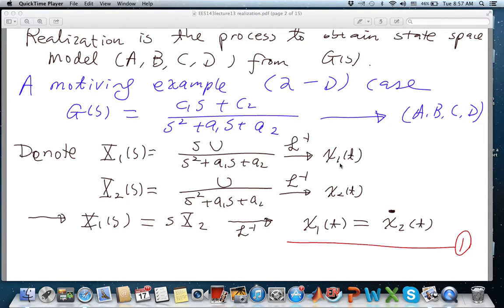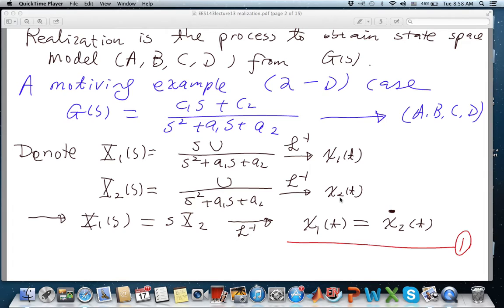Why we want to do this is, first, we want to look at how the parameters a1, a2, the parameters in the denominator, affect the ABCD representation. Further, we define that X2(s) is going to be U over s squared plus a1 s plus a2, and this X2(s) is going to be the Laplace transform of x2(t).